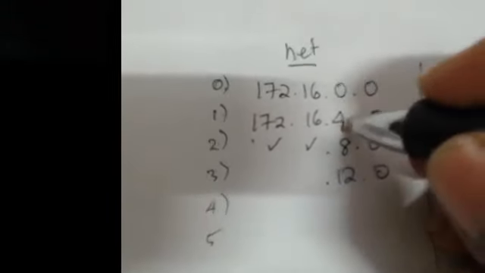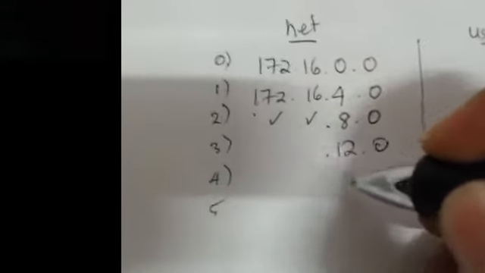It's the third, fourth one. 12 plus 4, 16.0, and we have 20.0. Okay, so these are our networks.